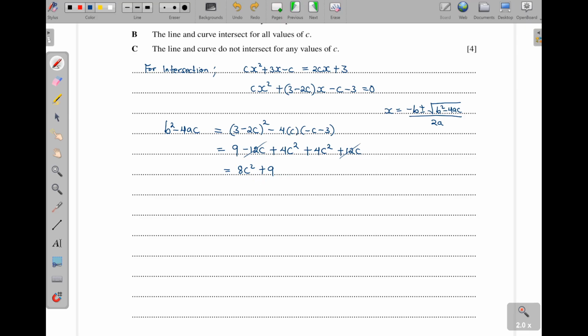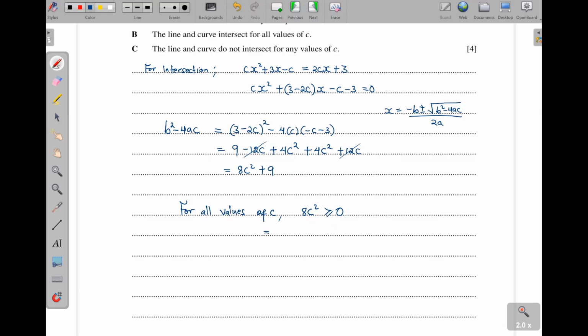So for all values of c, whether negative or positive, this 8c squared will always be greater than or equal to 0. I'm putting or equal because c can be 0, and I've said for all values. That means if this one is positive, when I put it here, the whole thing will become positive, right?